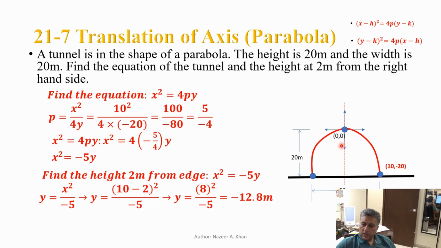Well, I take 20 and subtract 12.8. That's the last step that we have here. We have minus 20 minus a minus 12.8, which will give you 7.2 meters. So at 2 meters here, 7.2 meters will be the height of the tunnel.